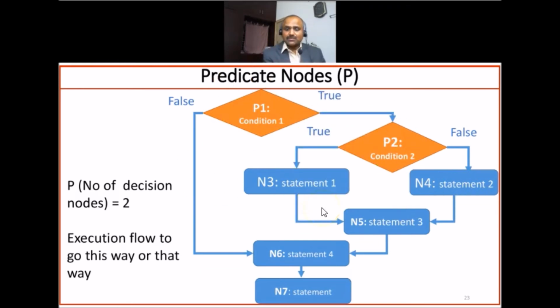In our program also, there are 2 if statements, which is why there are 2 predicate nodes. So what we have learned: a node is a collection of executable statements, and a predicate node is a conditional statement where the condition goes either way.